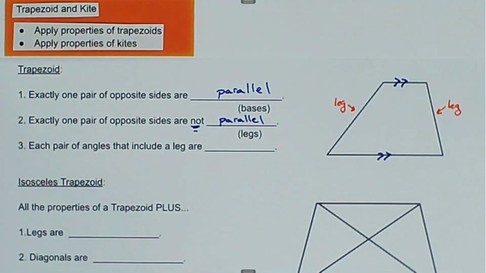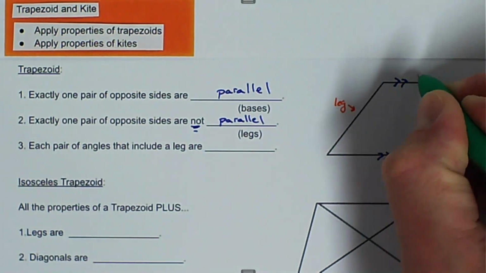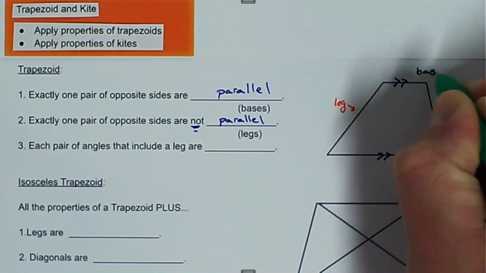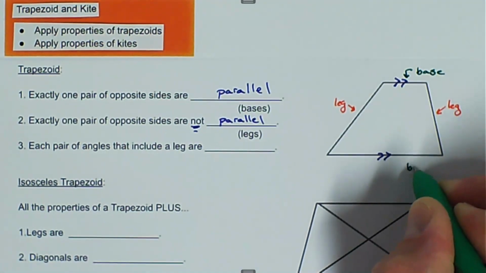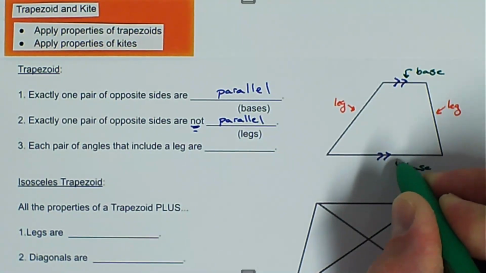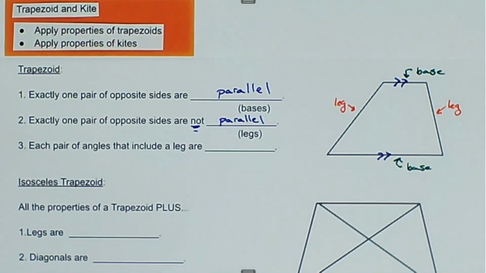The two sides that are parallel are referred to as the bases. And then each pair of angles that include a leg are supplementary.